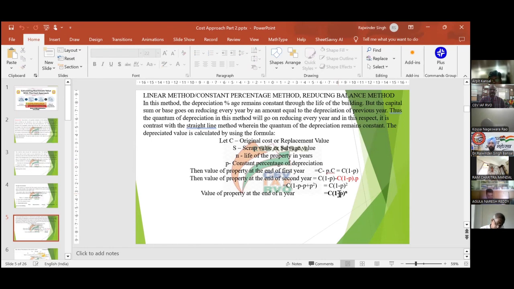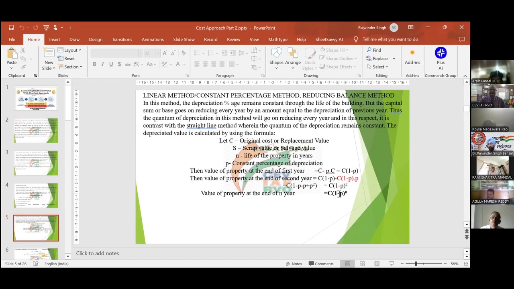P is the percentage of depreciation, which we will assume or which will be given to you in the question. That is depreciation percentage per year.